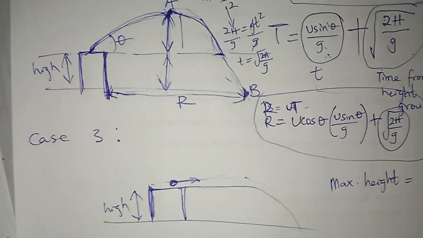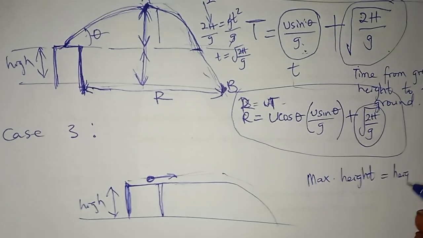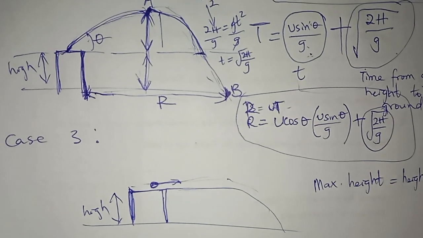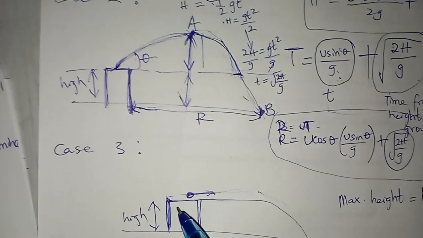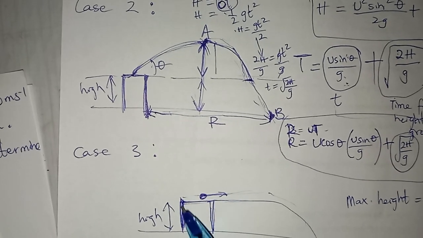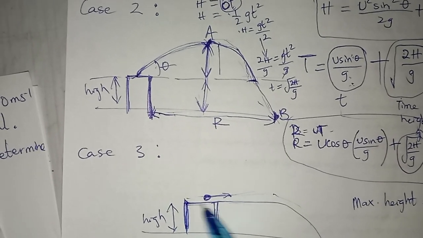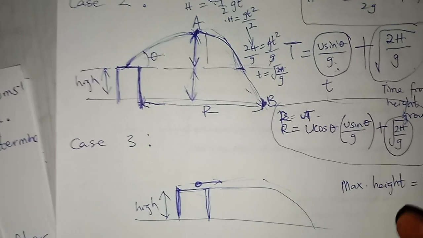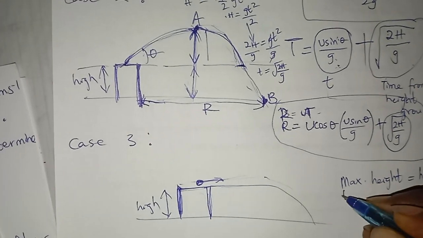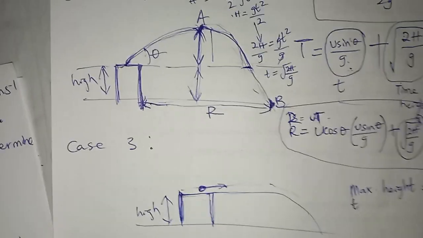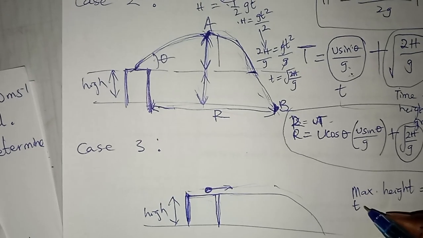The height of the top or height of whatever you're given will simply be equals to the height given or stated. So if they tell you that this is 10 meter high and a body is placed horizontally, it becomes the height.